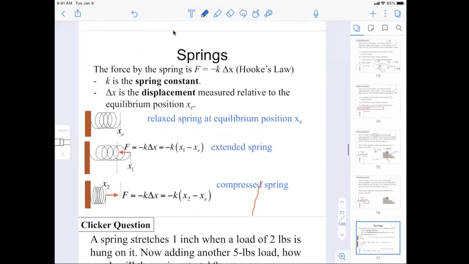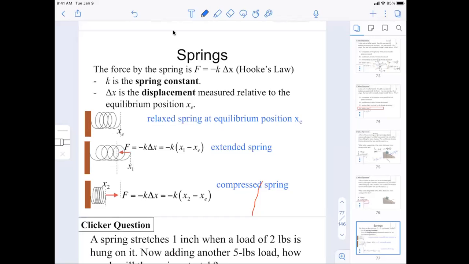Now let's talk a little bit about springs. The reason we go through these formulas is because when we do problems, sometimes they have friction, sometimes they have springs. We need to know how to calculate the forces. So again, for springs, all we talked about in the beginning, when I talked about different forces, is I said the more you stretch the spring, the bigger the spring force is going to be, right?